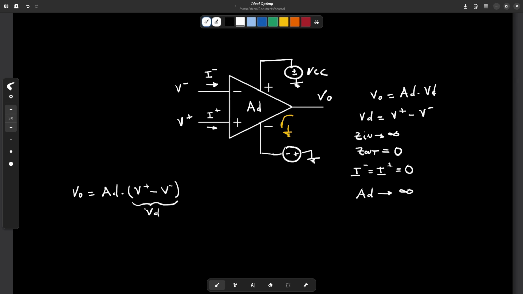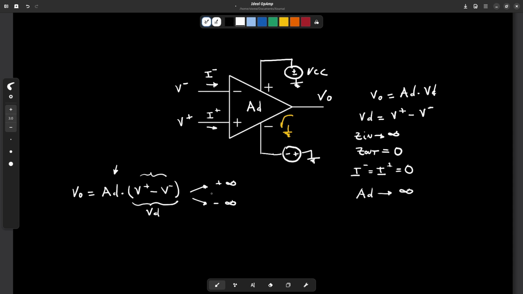So this amplifier is not suitable to use as an open loop amplifier, because even though this is very small, due to the high gain of the amplifier, this output will tend to go to infinite or minus infinite. So it is impossible to use it as an amplifier like this. We will have to use it with feedback topologies, as we can see in other chapters of this channel.